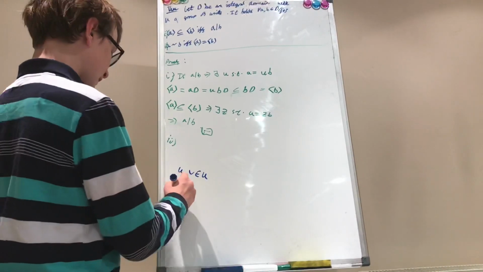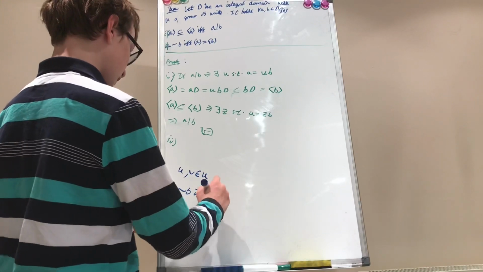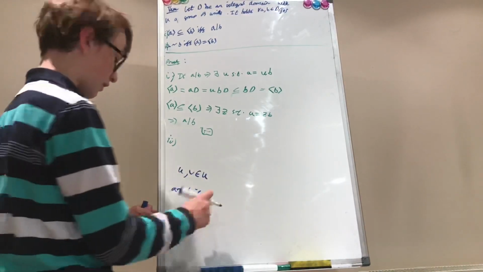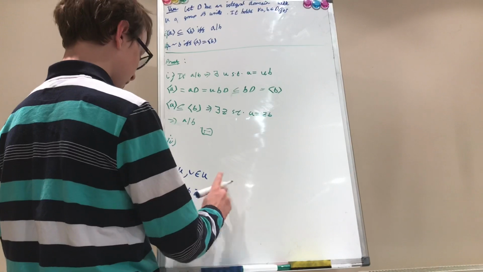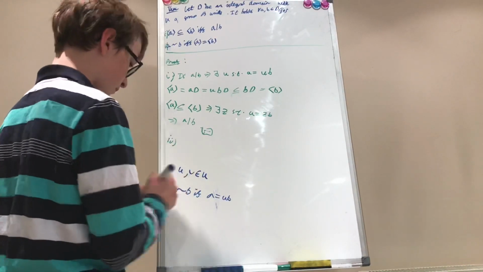So A tilde B, if for some U and V in the units, A is equal to U times B. Okay?